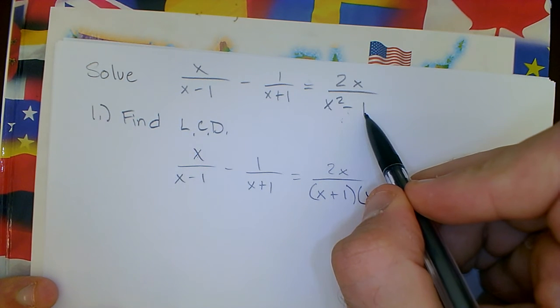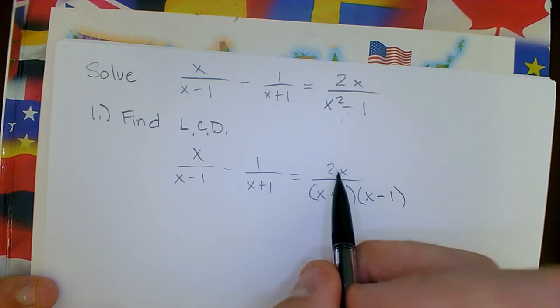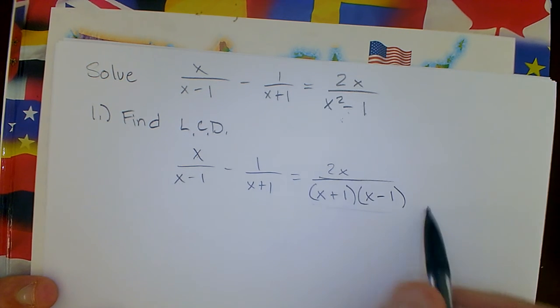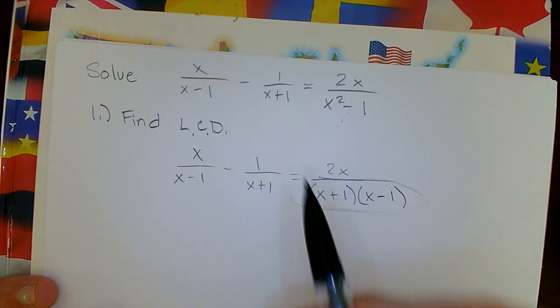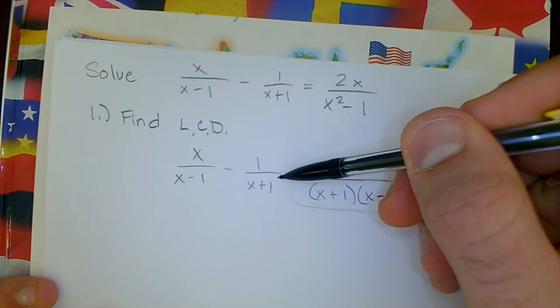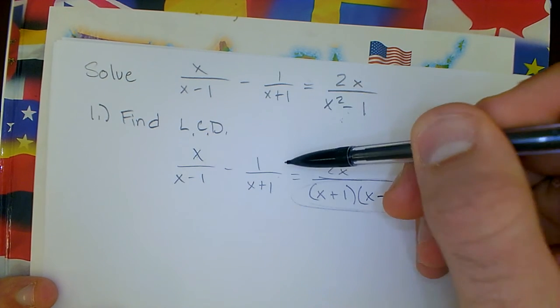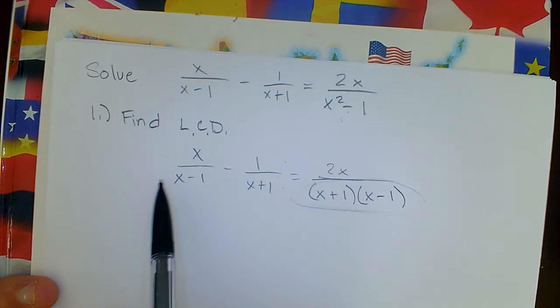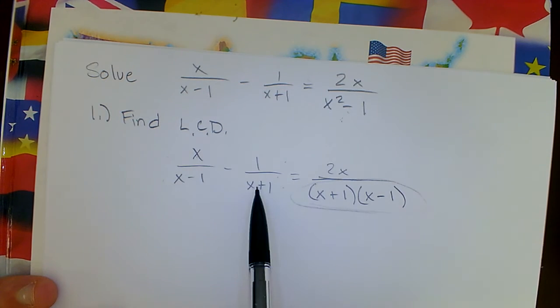Right, so b would be 1, because 1 squared is still 1. Okay, so now we see that our least common denominator is just this guy right here, because if we multiplied this fraction by x minus 1 on top and bottom, and then this fraction by x plus 1 on the top and bottom, we'd have the same denominator on all three.